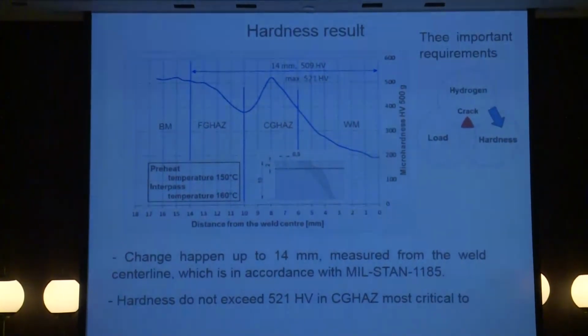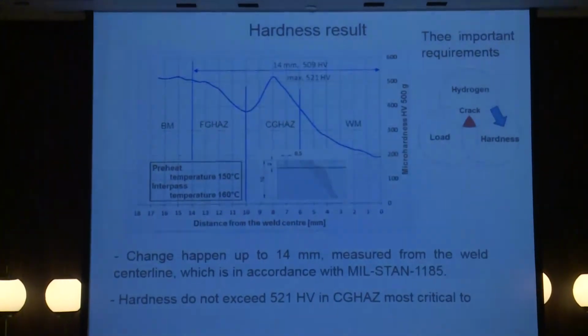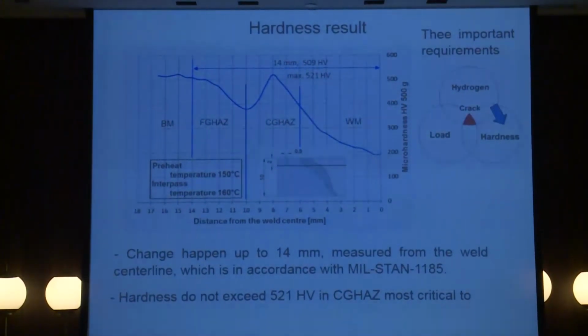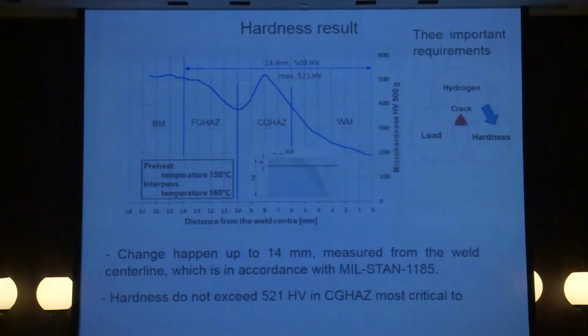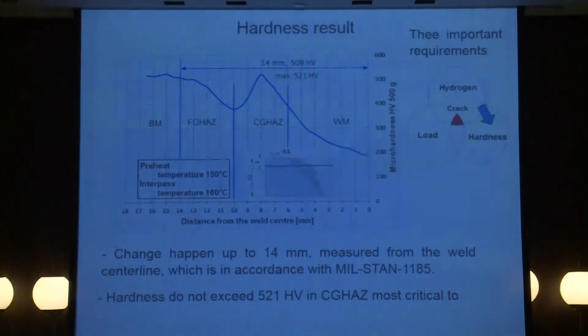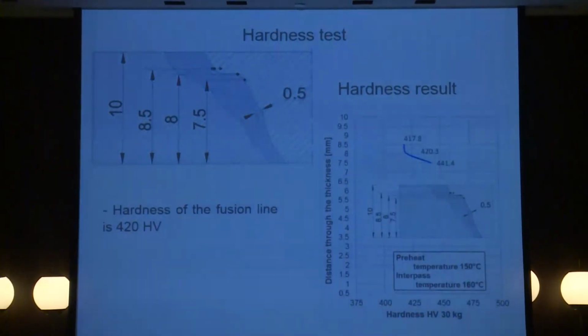So we get a good balance between toughness and ballistic properties. We also performed ballistic testing in all parts of the welded joint, and the heat affected zone was not penetrated. Thank you very much.